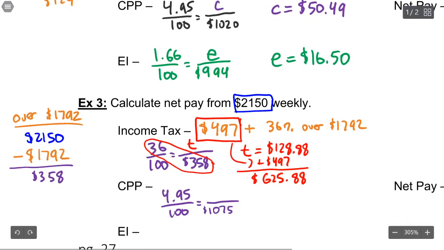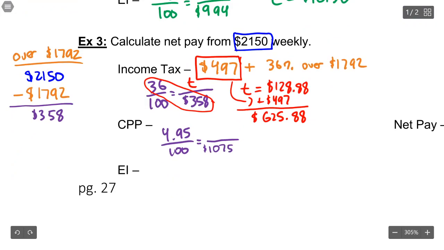And the idea of that cutoff is the same thing as EI. We want our elderly to be able to afford groceries and rent. And so we cut off the amount that we force people to contribute, because we're also going to cut off the amount of money that we're going to give people in their old age. And that's the maximum CPP amount. And so that's why we have this $1,075 cutoff.